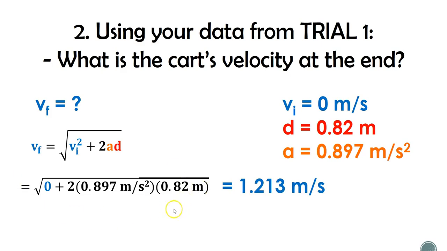Take the square root of all of that, and you get 1.213 meters per second. Your result, again, should be somewhere in that general vicinity, anywhere from about 0.8 or 0.9 up to 1.5, 1.6 in that range. If you're too far out of that range, again, go back and double check your math.